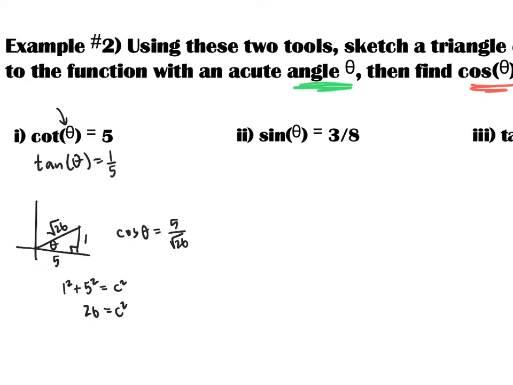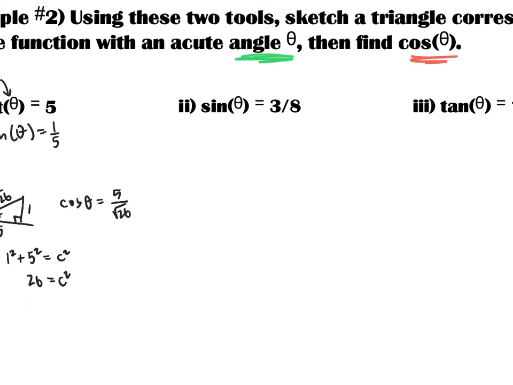Let's look at the next example here. Okay, the sine of theta is 3/8. So opposite, hypotenuse, here's theta. I've got to find my adjacent side in order to find cosine. But I do know that the cosine of theta will be whatever that length is over 8.